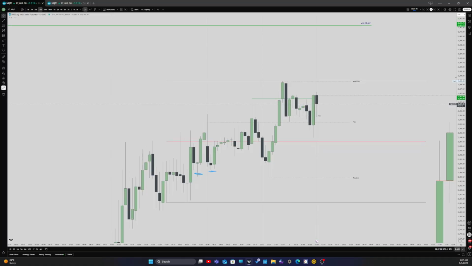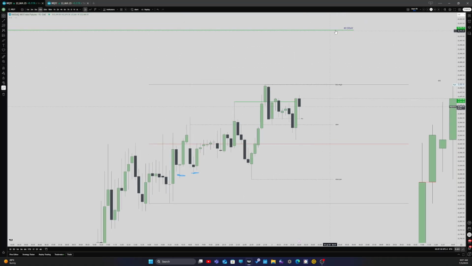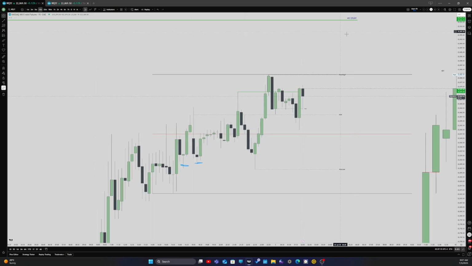For this to be invalidated as a short-term target in this London session, I want to see price invert here underneath this level, previous day high. Price to come down, invert a lot of this, and the target would be Asia low, right?